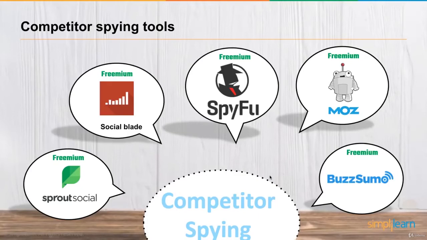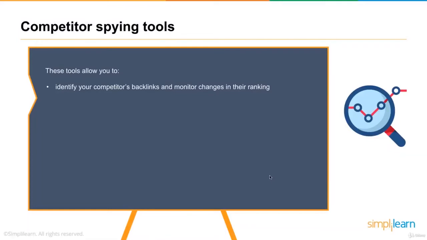So why would we want to use a competitor spying tool? It may sound like a very straightforward question, but there are lots of reasons why, so let's look at some of them. The first reason is we want to identify our competitors' backlinks and monitor changes in their ranking. The reason this is the top bullet point is because SEO, organic search, is a long-term strategy.